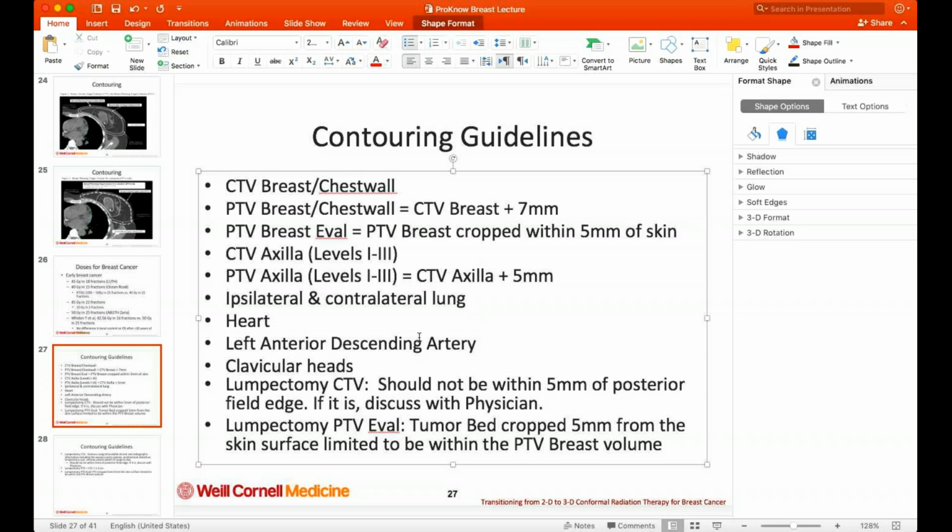The right coronary artery can also supply the heart, but it's not as common as the left. So we usually just focus on drawing out where we think the left anterior descending artery lies.